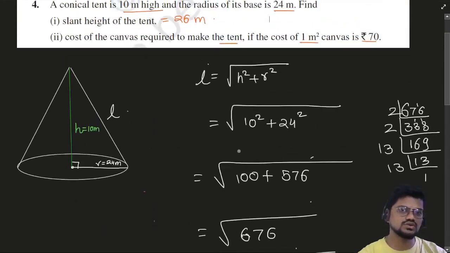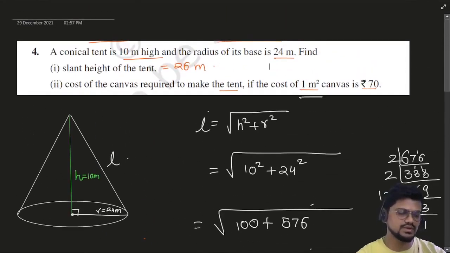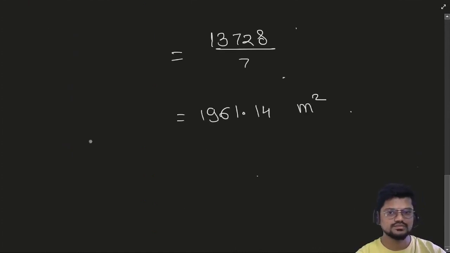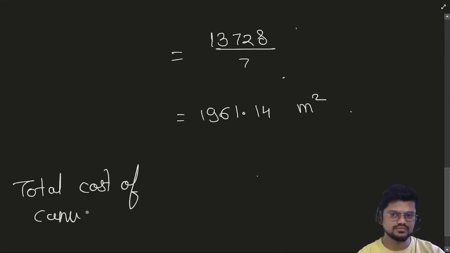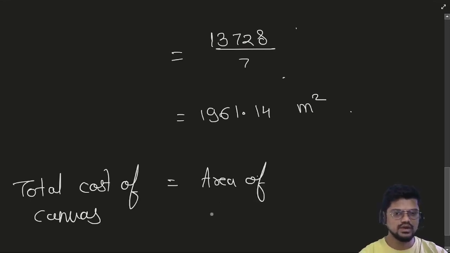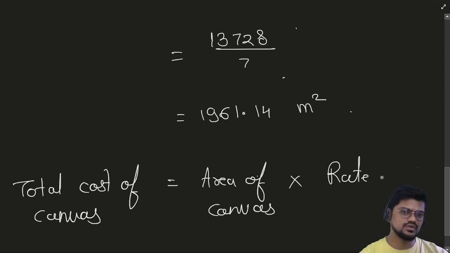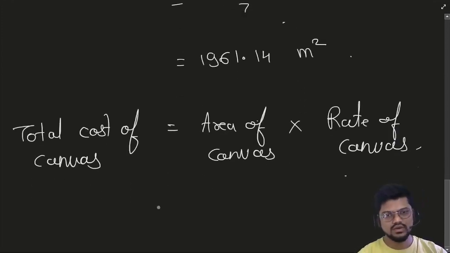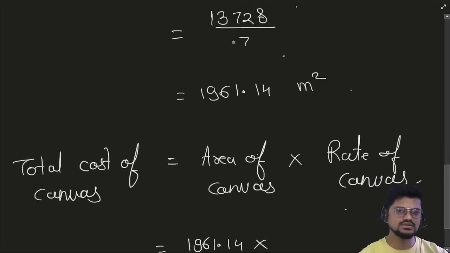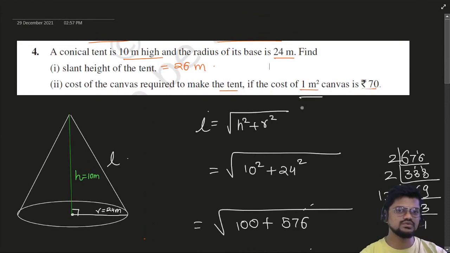Now since they said the cost of canvas for 1 meter square is 70 rupees, the total cost of canvas will be equal to area of canvas into rate of canvas. Now area of canvas is 1961.14 into rate of canvas is 70 rupees per meter square.